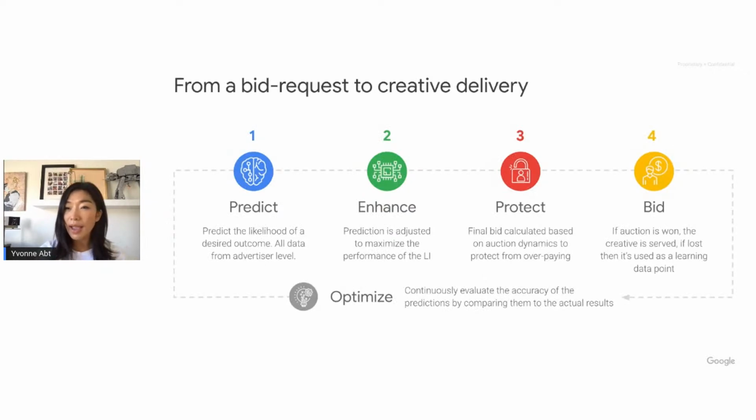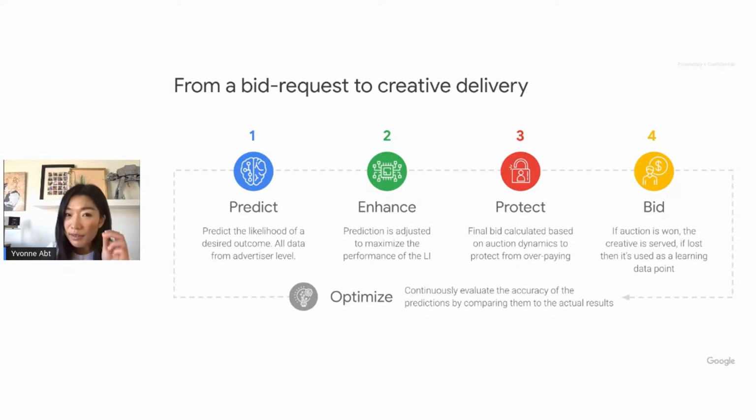And so I had just briefly touched on what machine learning in its simplest form feels like. This is a breakdown in 4 steps of what actually occurs in the DV360 bidder, starting with making a prediction. And then the bidder is able to enhance that prediction based on past machine learning to maximize the likelihood of getting you that positive outcome.